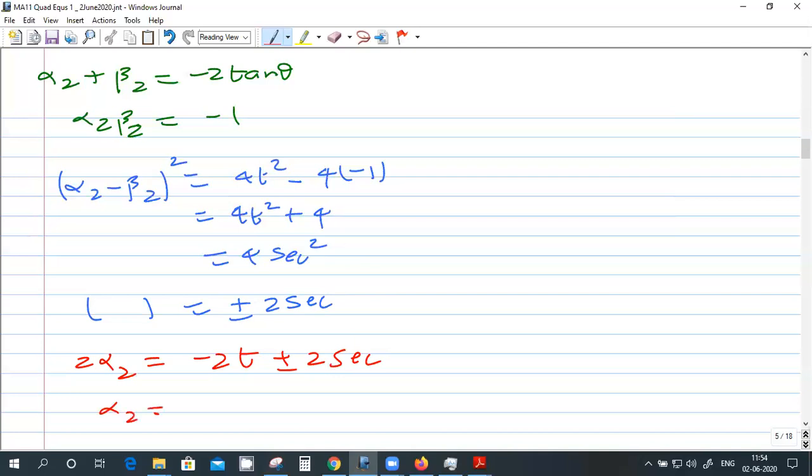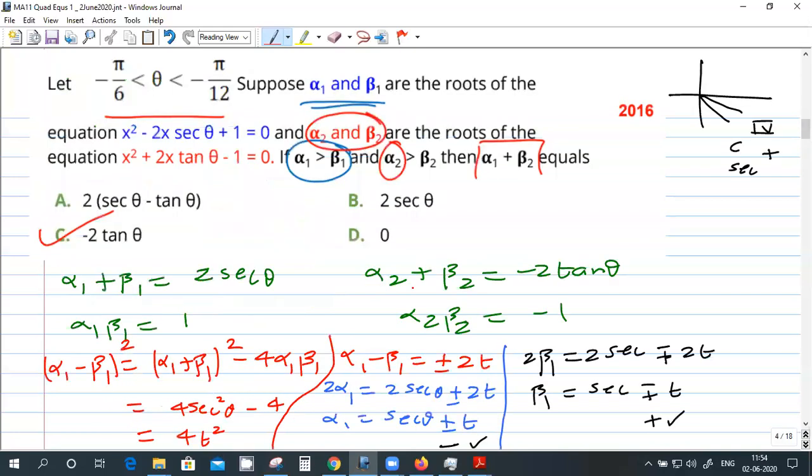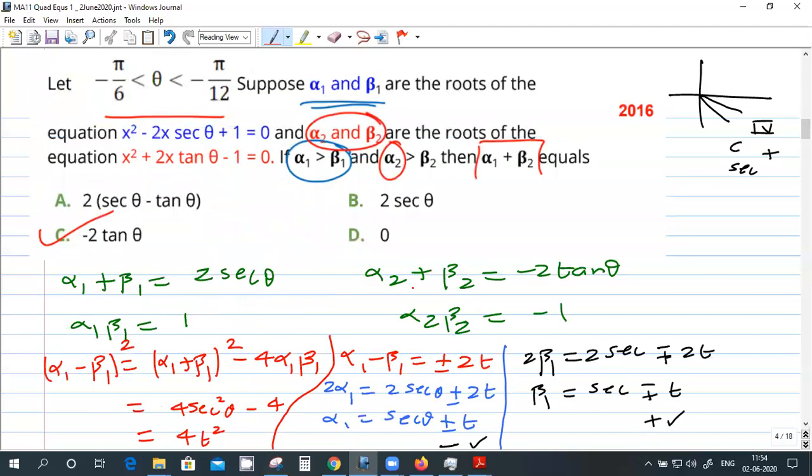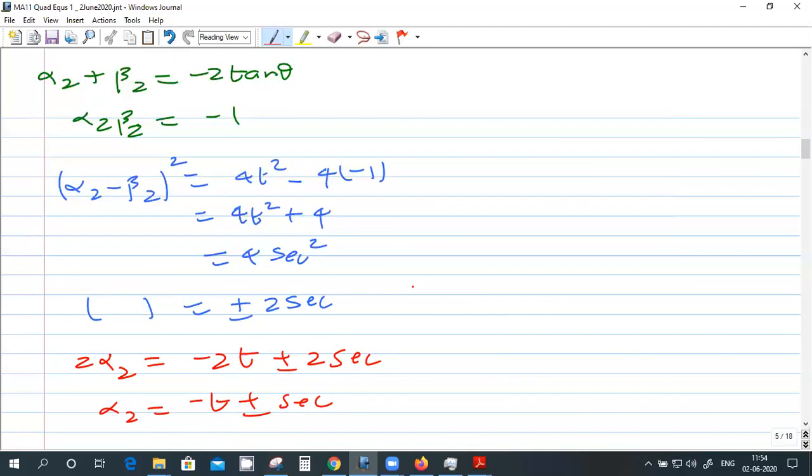So alpha 2 is minus t plus or minus secant, and secant is positive, right? So I have to take the alpha as greater, so I have to take the positive sign here. So beta 2 will become minus t minus secant.